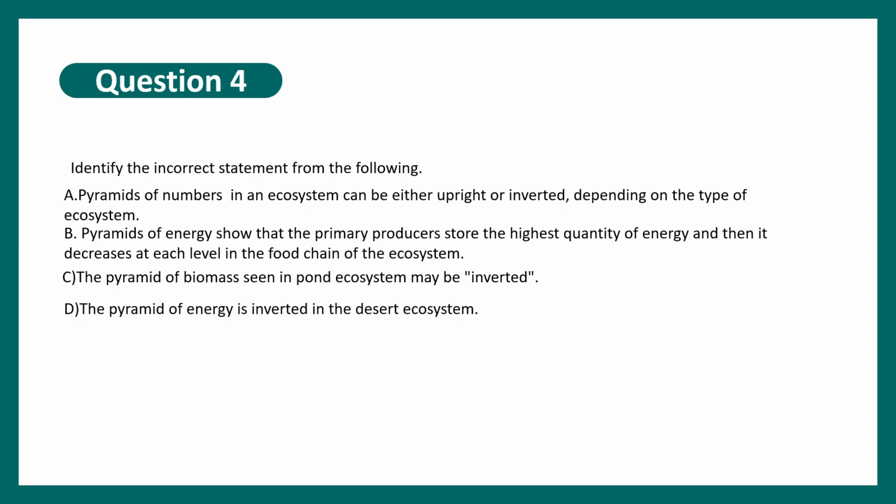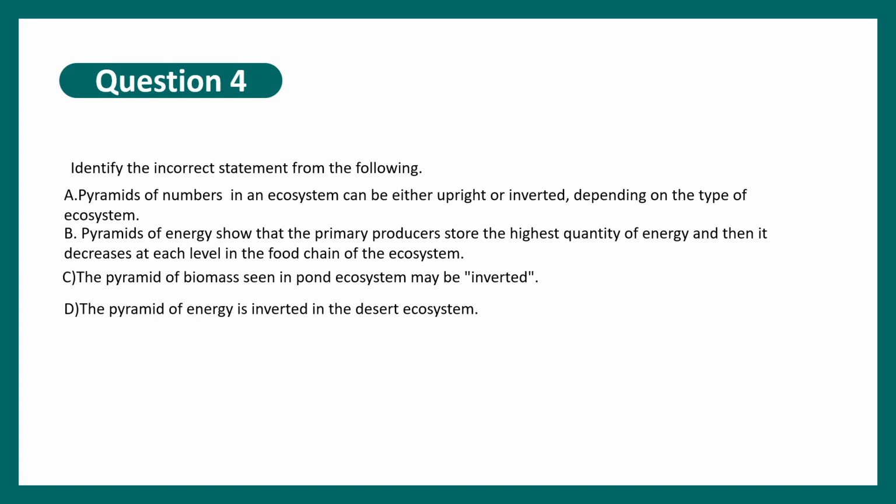Question number 4. Identify the incorrect statement from the following. Pyramids of number in an ecosystem can be either upright or inverted, depending on the type of ecosystem. Pyramid of energy shows that primary producers store the highest quantity of energy, then it decreases at each level in the food chain of the ecosystem.